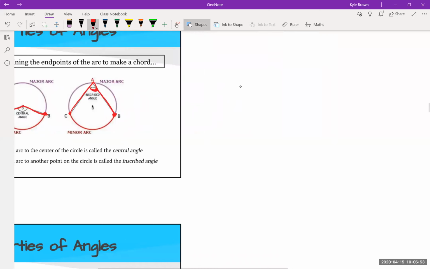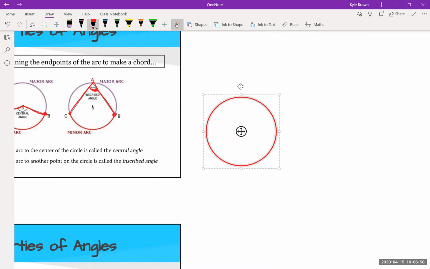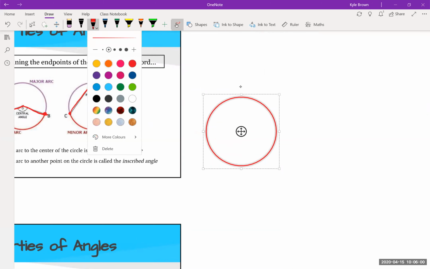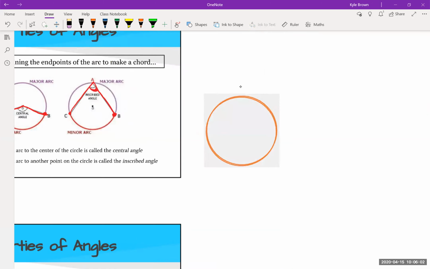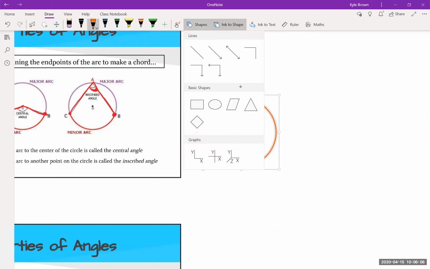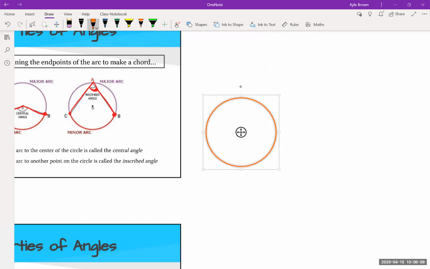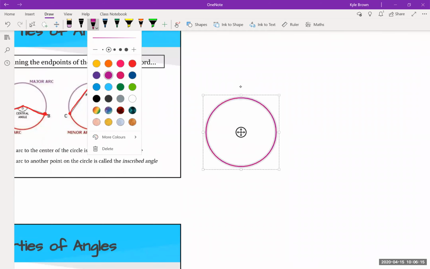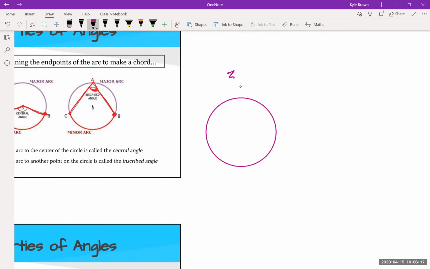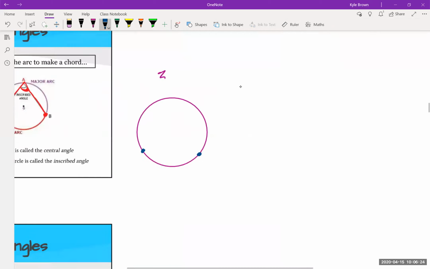So if I drew a different circle, and if I had points here and here, let's say, then the inscribed angle could actually be in quite a few different places.